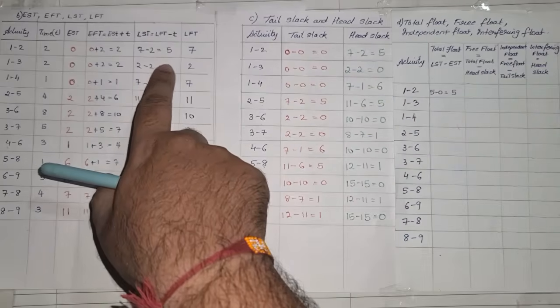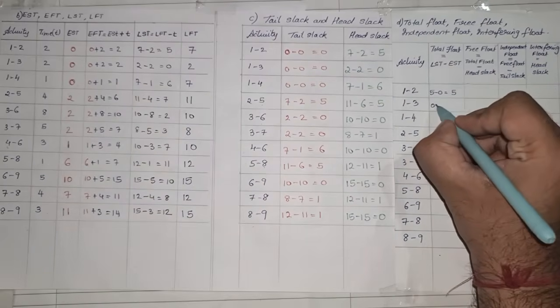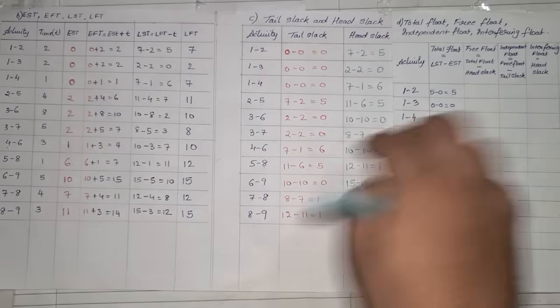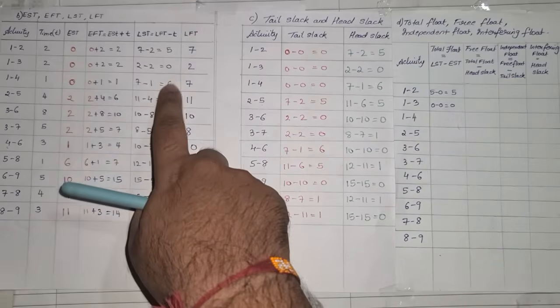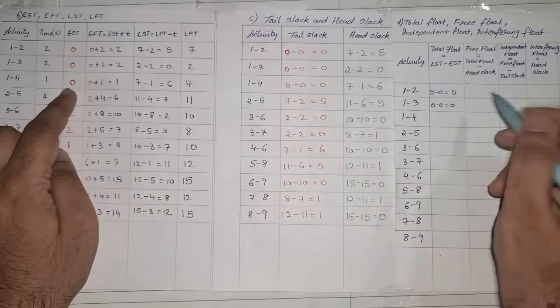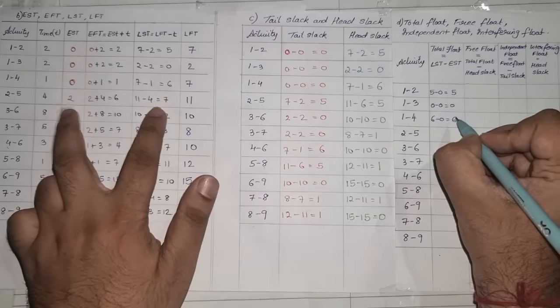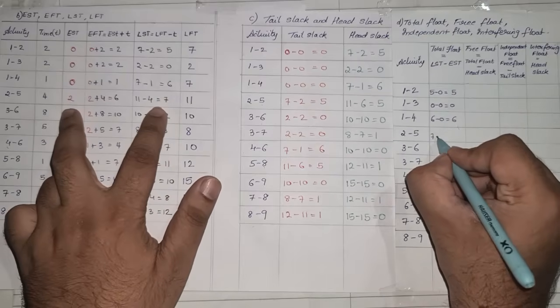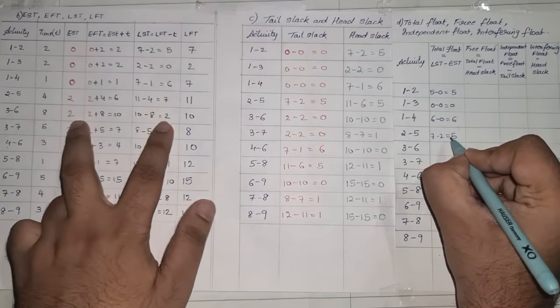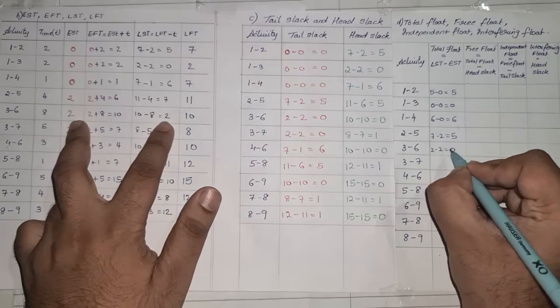Next, 0 minus 0, which is 0. Next, for the third one, I have to just subtract these two. So LST minus EST, 6 minus 0, which is 6. Next is 7 minus 2, which is 5. Next is 2 minus 2, which is 0.